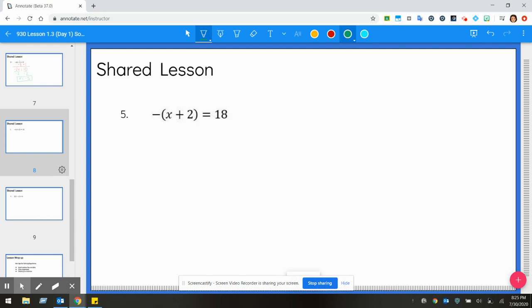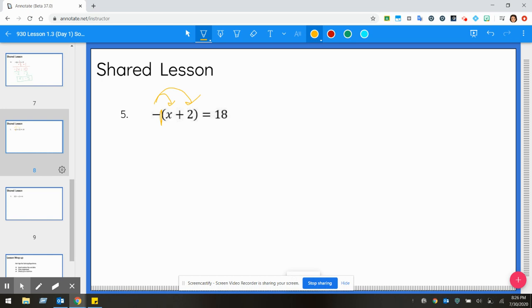All right, number 5. This looks a little different, right? So in this example, we're going to have to use the distributive property first. So outside of this parentheses is really an invisible, it's a negative sign, right? But there's an invisible negative 1 right here. And we need to go ahead and distribute that negative 1 to every term inside of the parentheses.